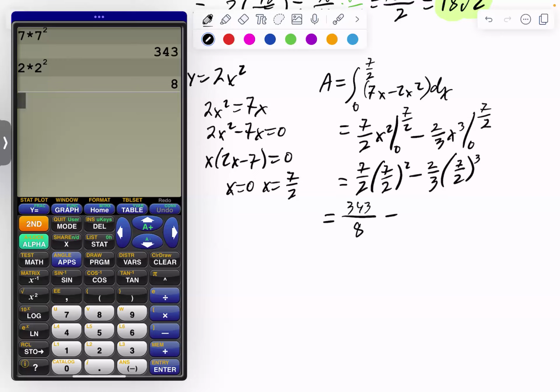So this is going to be 2 times 7 raised to the third power, 686 over 3 times 2 to the third power. And now I need a common denominator of 24, which means I'm going to have to multiply this by 3 over 3.